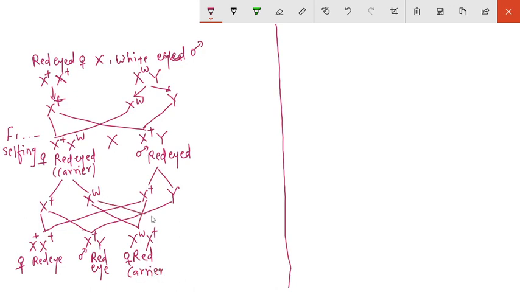And when X W is fertilized with Y, it produces X W Y, so it is a male, but it has white eyes.